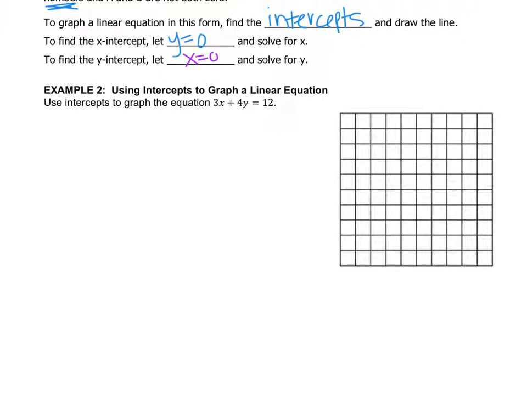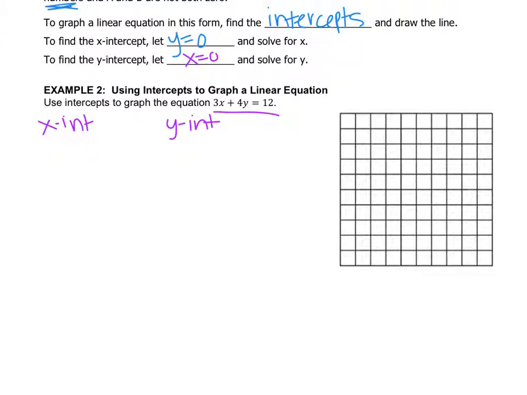So we need to graph this using the intercepts. So here's our equation, 3x plus 4y equals 12. So I'm going to do two things. First thing is I'm going to find the X-intercept, and then I'm going to find the Y-intercept. So in order to find the X-intercept, I'm going to let the Y value be equal to 0.